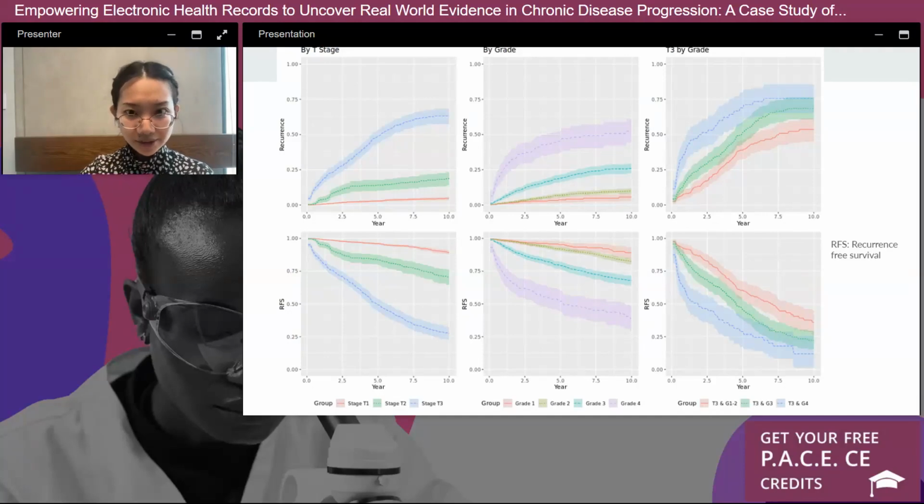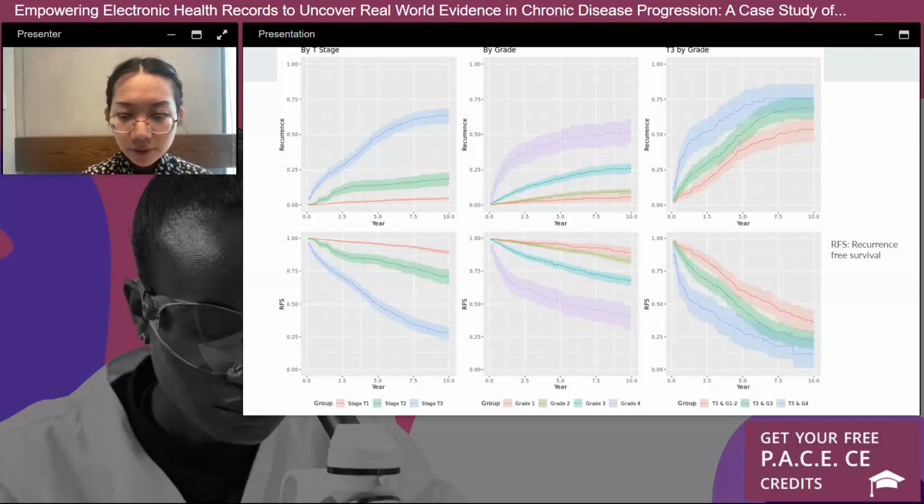And then you could use the trained Latte algorithm to help you do some sort of analysis. For instance, here you could use the Latte algorithm to return the accumulated incident rate for different tumor stages and grades, right? So here, in the first column, the different lines in the plots actually refer to different tumor stages.